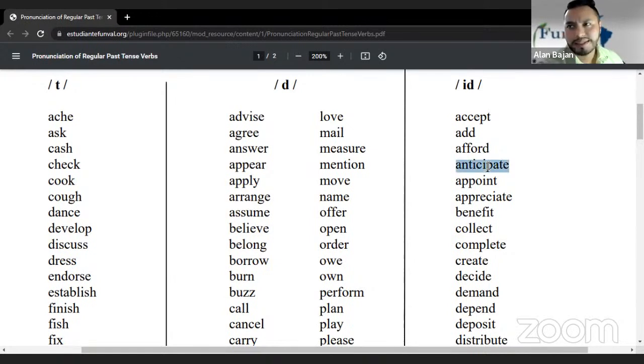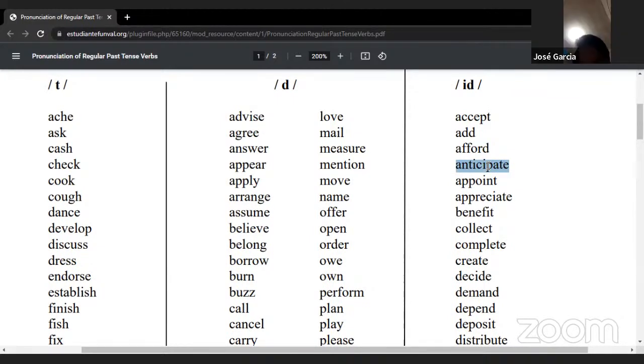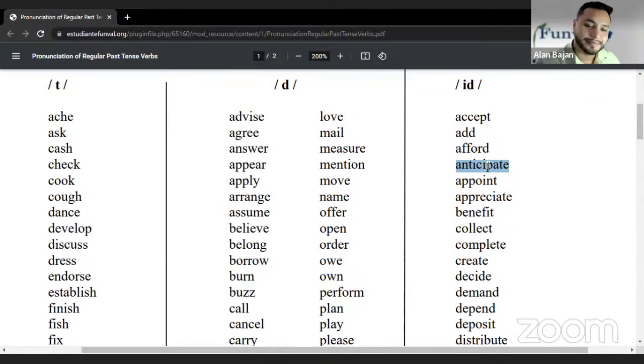Anticipate. What is the last sound? T. Sound of the T. So it's anticipated. Let's see, appoint. Appointed. Decide.